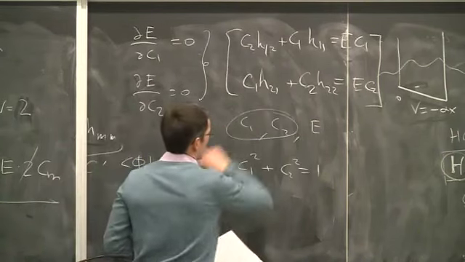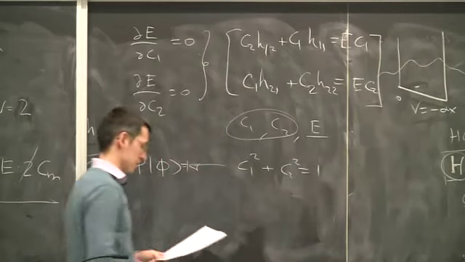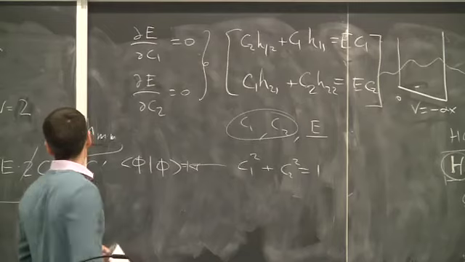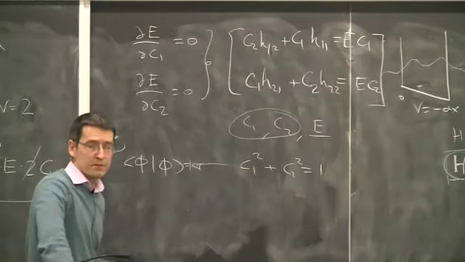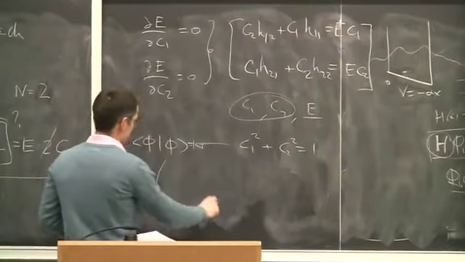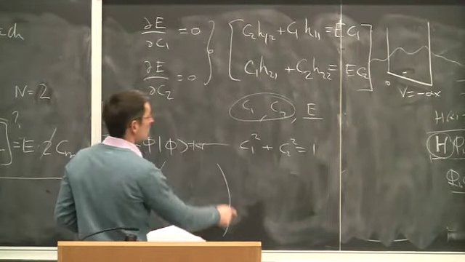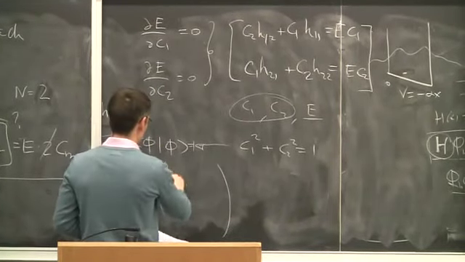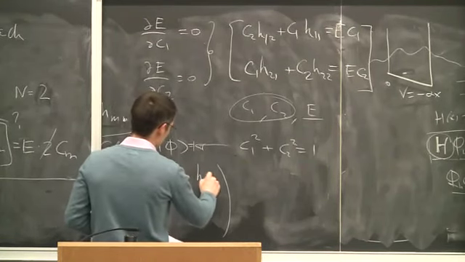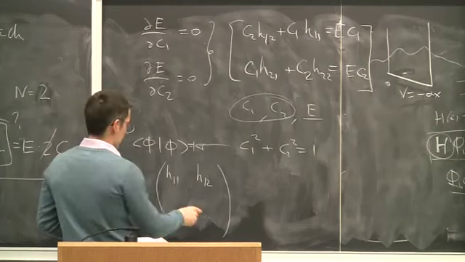Once we know the coefficients, we can find the energy and finish the problem, right? So in linear algebra terms, these equations are called an eigenvalue problem because they can be formulated in a matrix form.